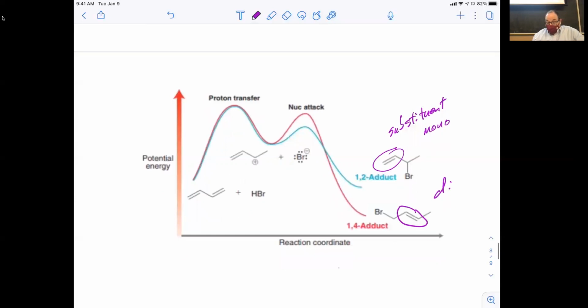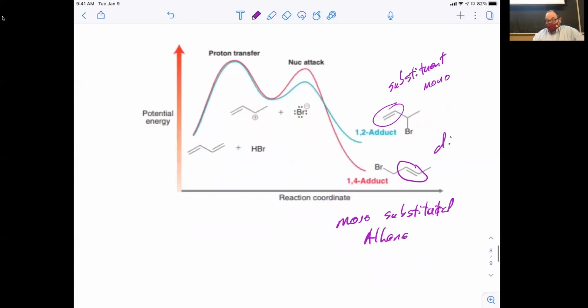More substituted alkenes are more stable. So why did you have to learn that? For this problem right here, okay? So more substituted. That's why the 1,4 adduct in this case is going to be the more stable.